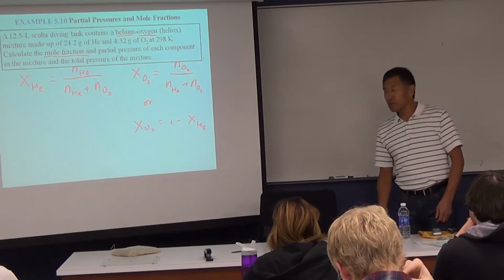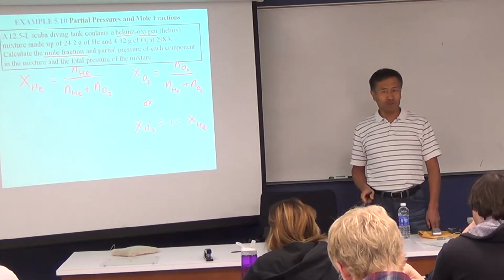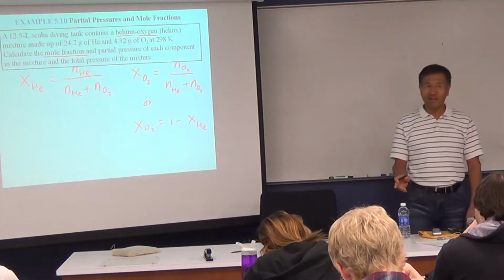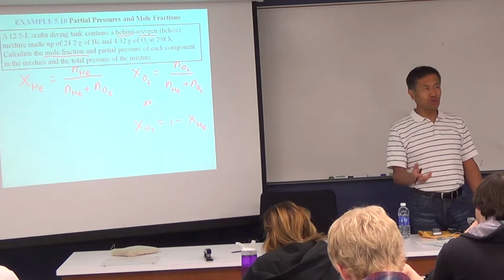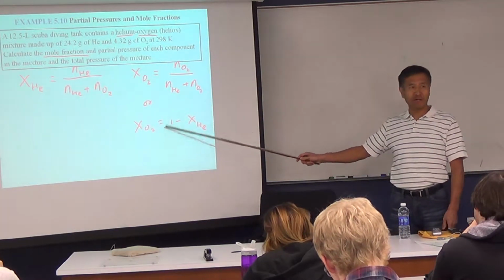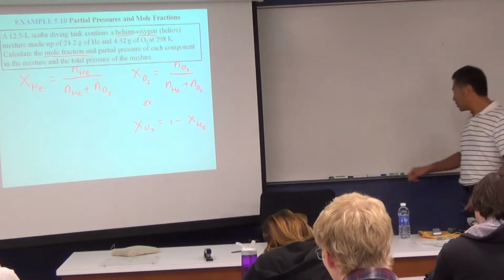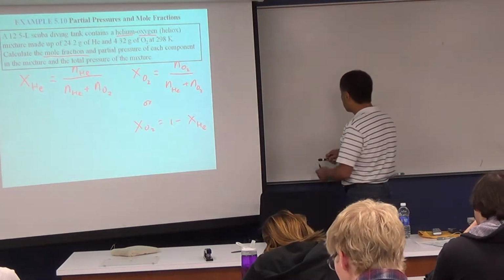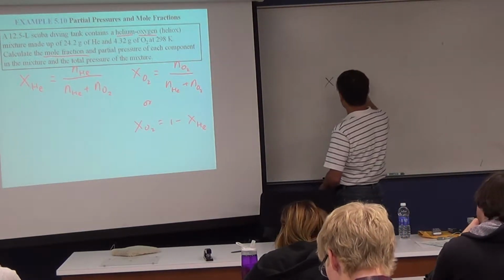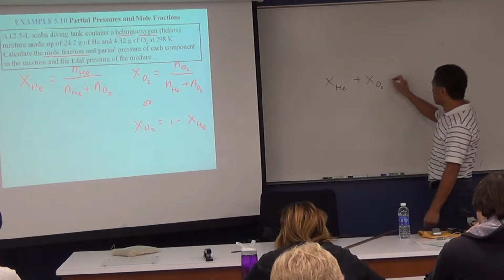So use either one, you can find the mole fraction of oxygen, because all the mole fractions of all the components adding together equal 1. Which means if you have x helium and x O2, adding together they should equal 1.